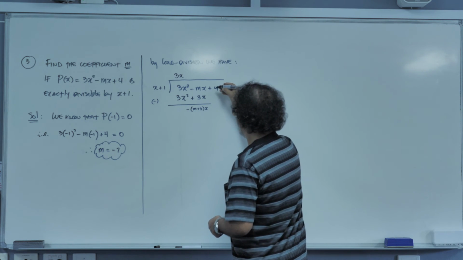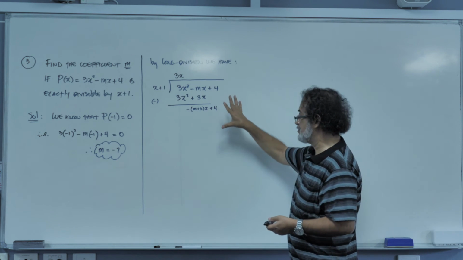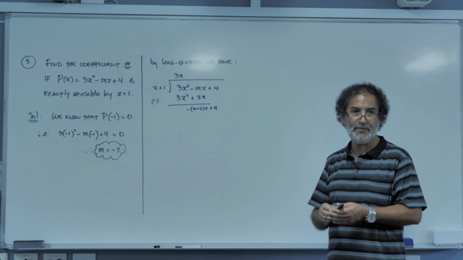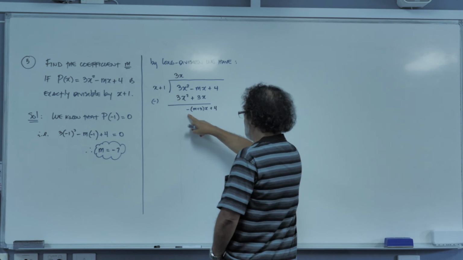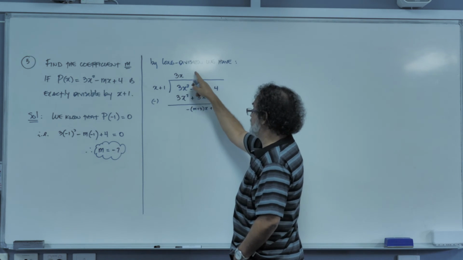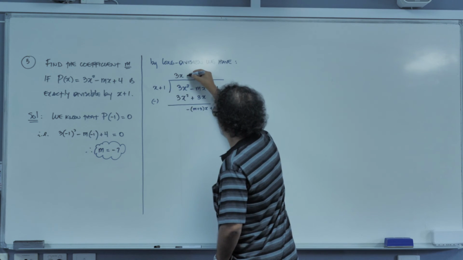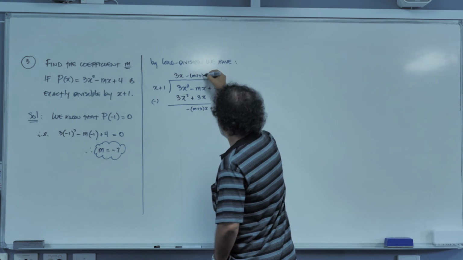Okay, and then we're going to bring the next one down. I'm doing this question like this because sometimes you have to do it this way. All right? Okay, and then we're going to do exactly the same. So if I want to have this, I need to multiply x by minus m plus 3, right?